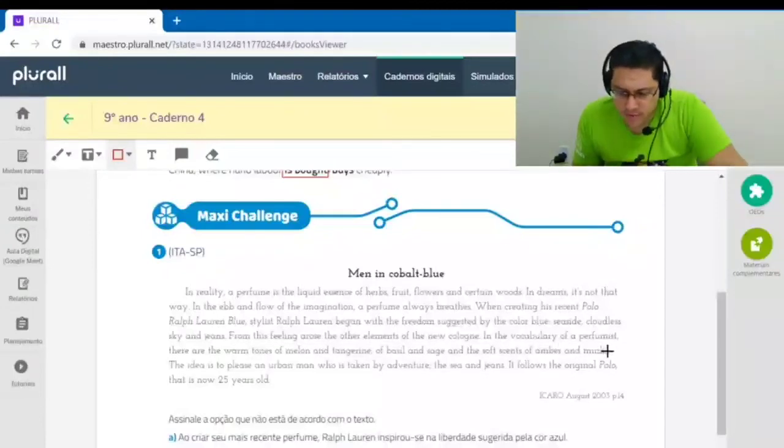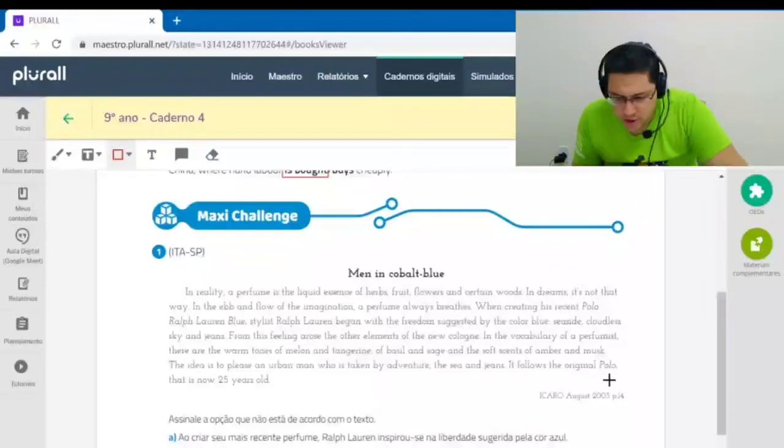From this feeling arose the other elements of the new cologne. In the vocabulary of a perfumist, there are the warm tones of melon and tangerine, of basil and sage, and the soft scents of amber and musk. The idea is to please an urban man who is taken by adventure, the sea and jeans.